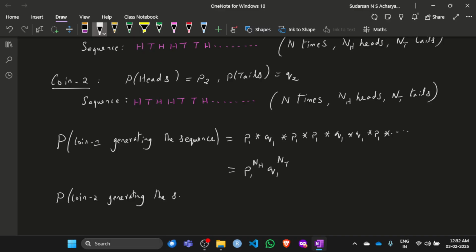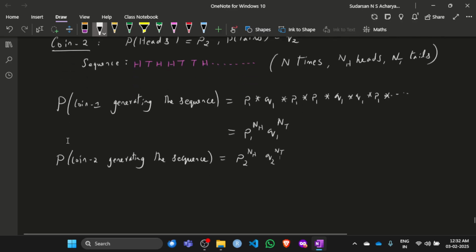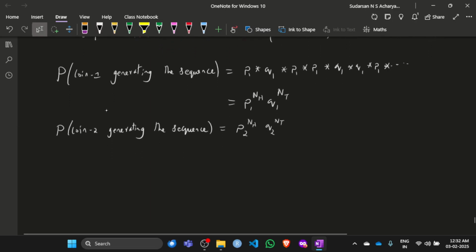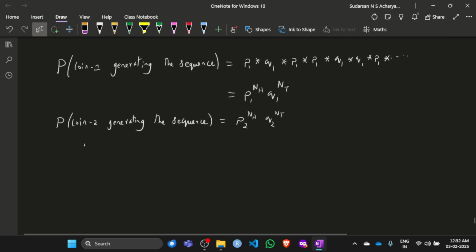It will be the same thing, except that I should replace P1 by P2, because P2 is the probability that your friend says the coin shows up heads, and Q2 is the probability that your friend says the coin shows up tails, right? Okay, now if the distributions are identical, then these two values should be the same, right?